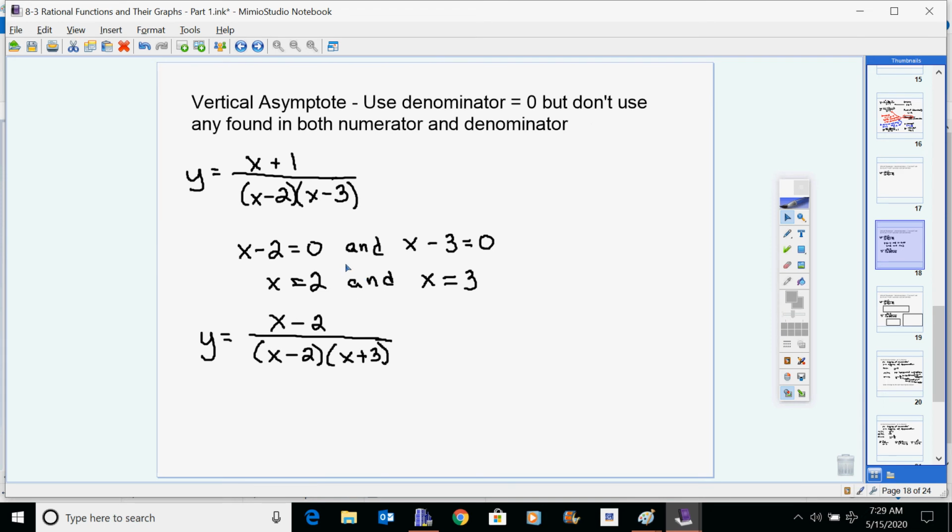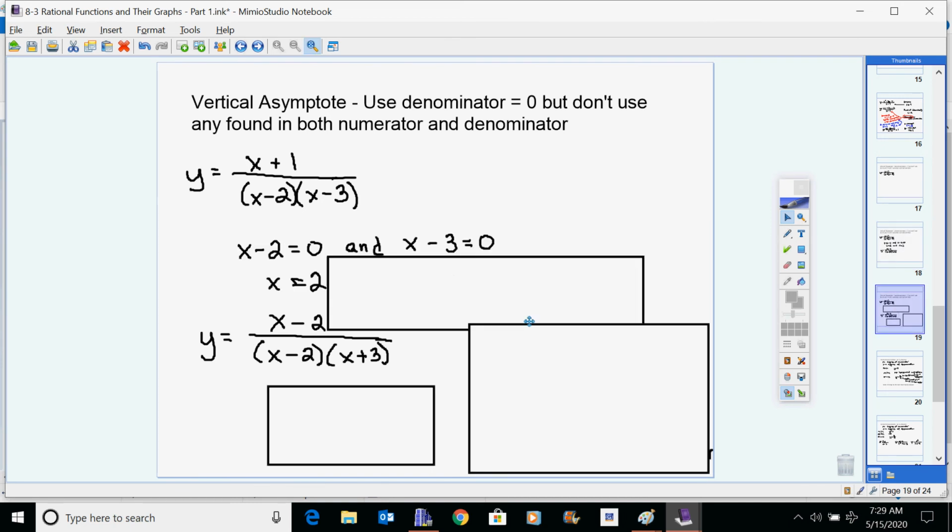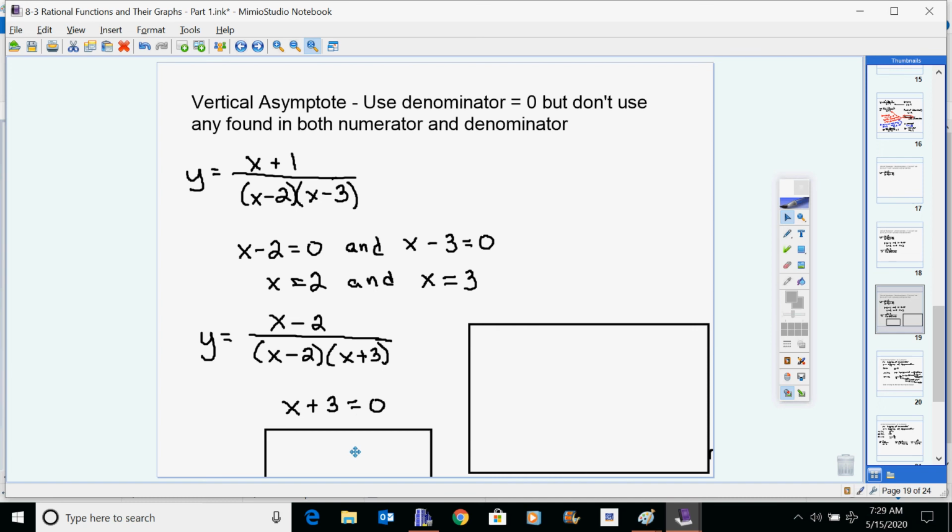Your vertical asymptotes come just from using the denominator. Same here. You would be thinking vertical asymptotes at x minus 2 equals 0, x plus 3 equals 0 to find them. But the problem is that when you do that, we can do x equals -3.